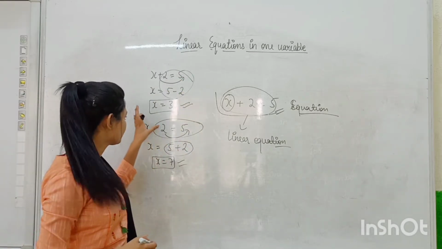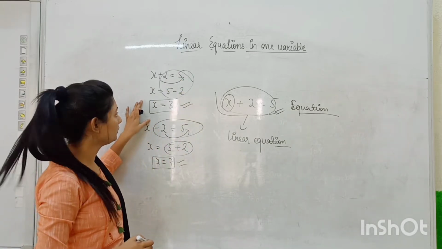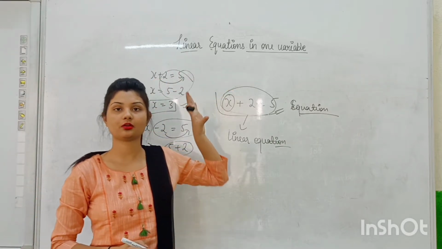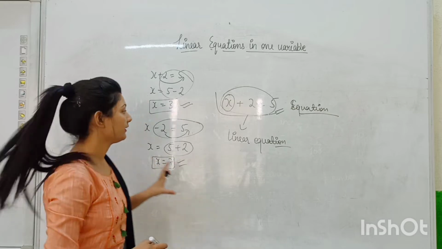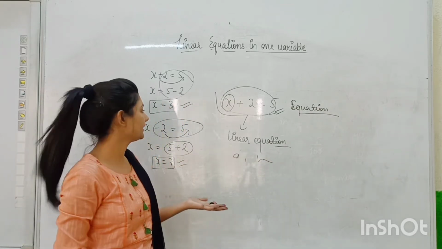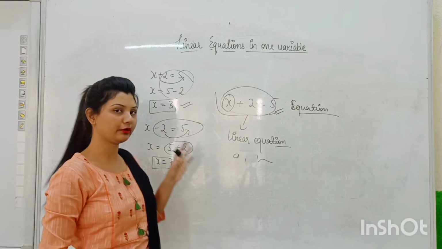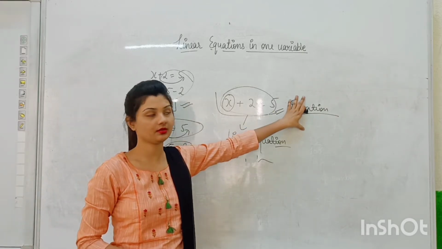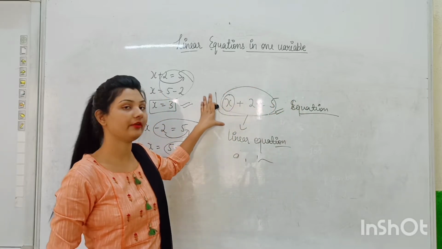So the alphabets whose value depends on other numbers in the equation are called the variables. If I am using a, b, c, x, y, z, m, n, o, p, anything whose value is not confirmed and whose value depends on other numbers of the equation, these are called variables.